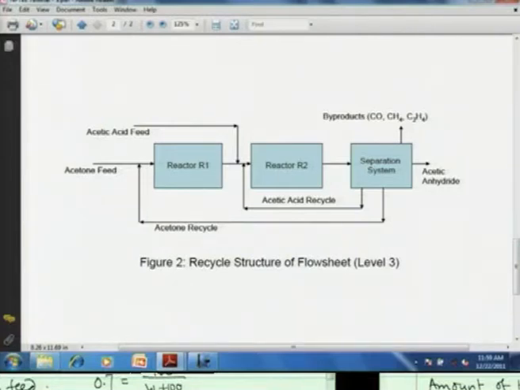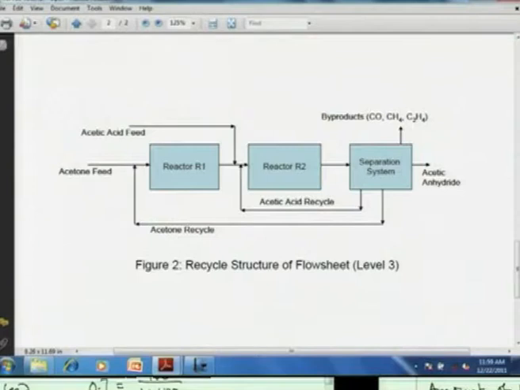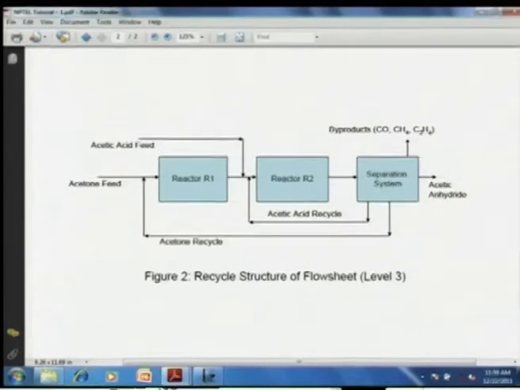First is the unconverted acetic acid and second is the unconverted acetone. However, acetic acid and acetone are fed to different reactors. So, we will have to have two recycle streams, remember not single recycle stream, as in case of previous example of acetone manufacture through IPA dissociation or dehydration of IPA, isopropyl alcohol.